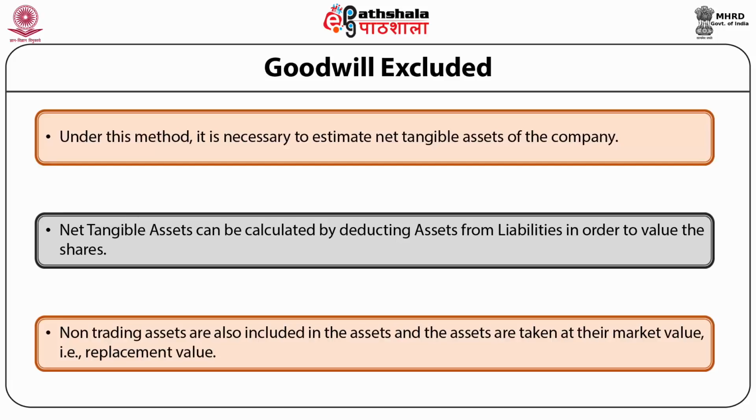If at the time of valuation there is an uncalled capital, that is the capital which is not yet called by the company, then the uncalled equity share capital is to be added with the net tangible assets in order to value the shares as fully paid up.